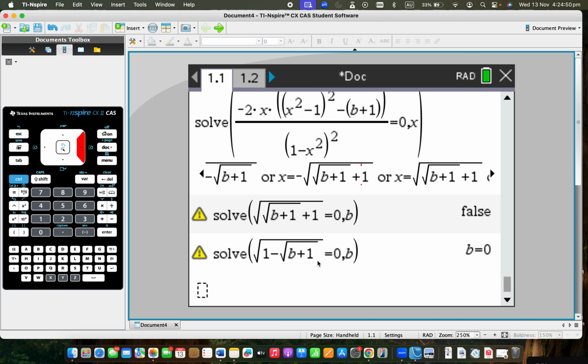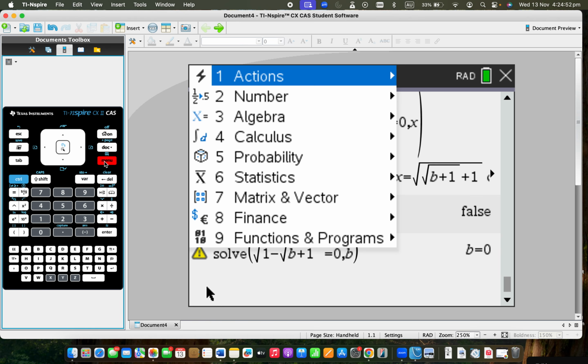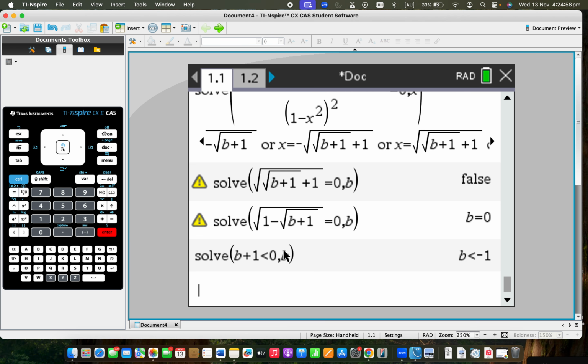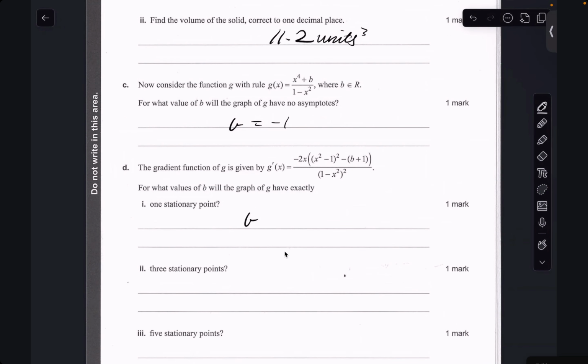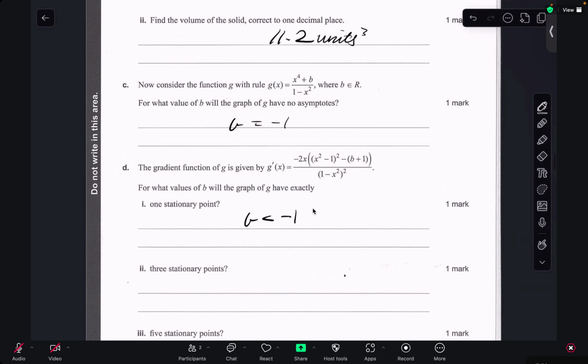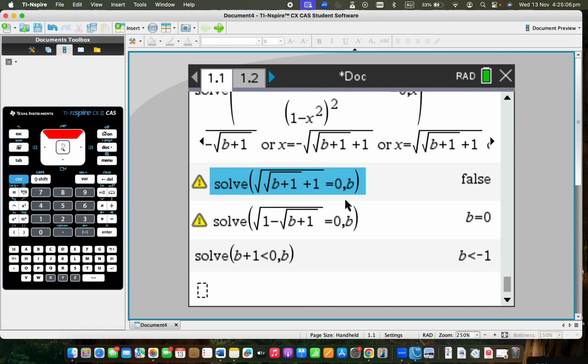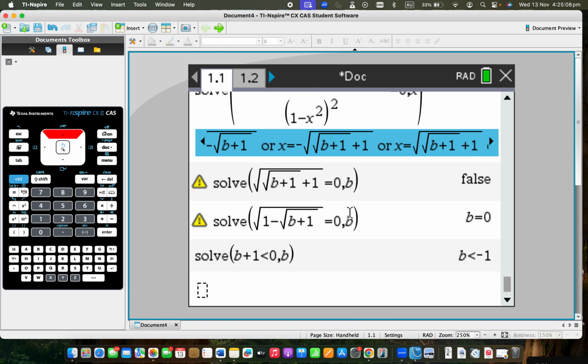So one stationary point would just be when this is less than 0. Three stationary points. Okay. So for 3, I think that's what we just worked out. So that's when b is 0, because here, what will we have?